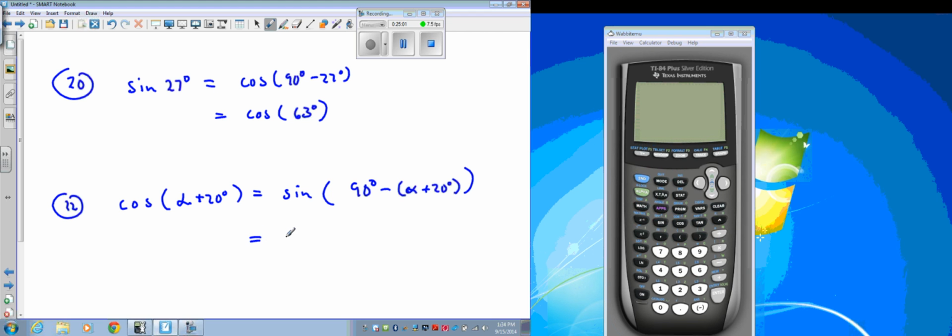So this is going to be the sine. Now notice that this negative changes both of these signs. This is a negative 20, so that's 90 minus 20 is 70 degrees minus alpha. So this is the cofunction of cosine.